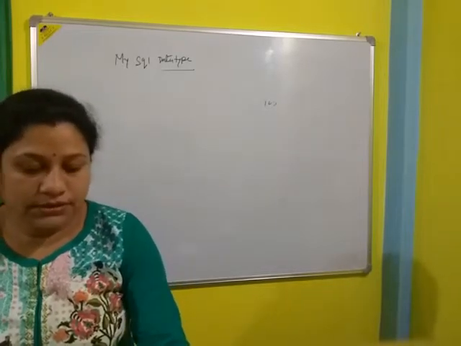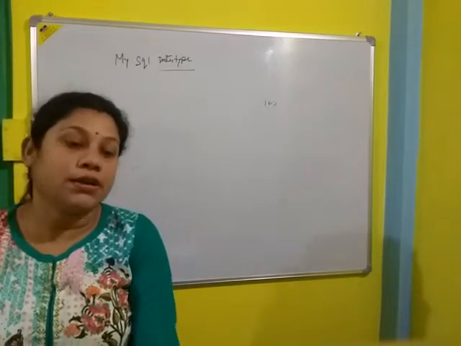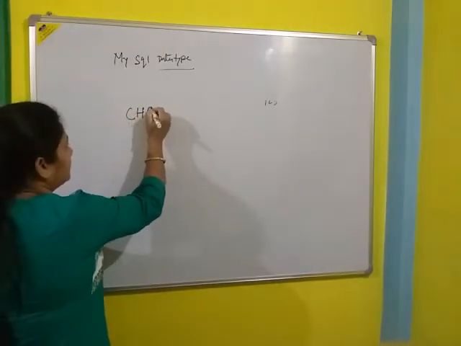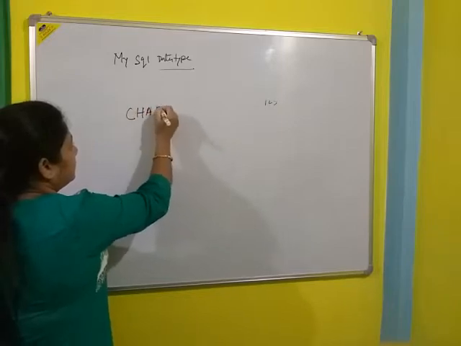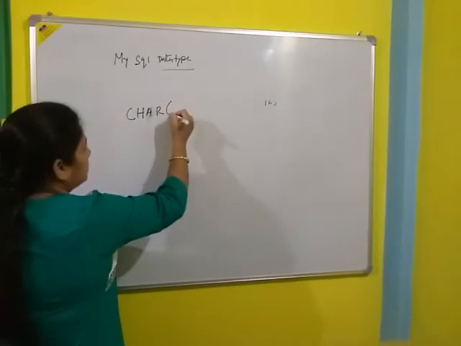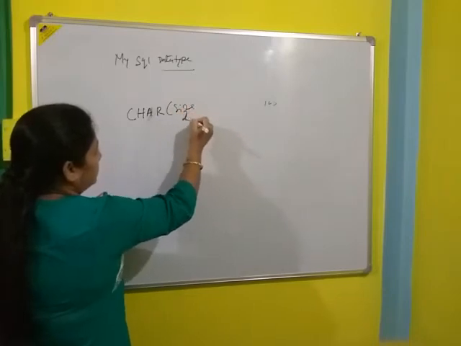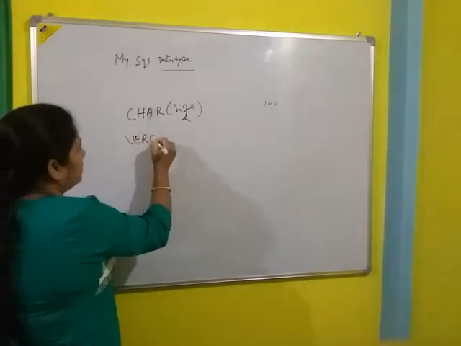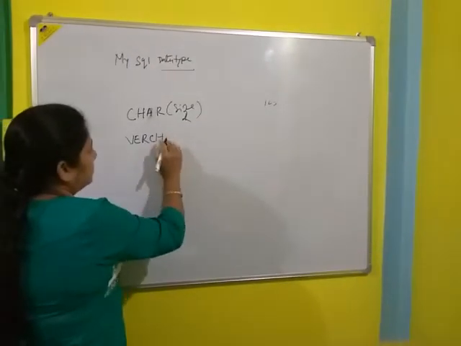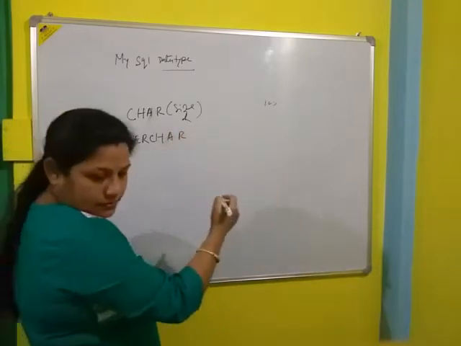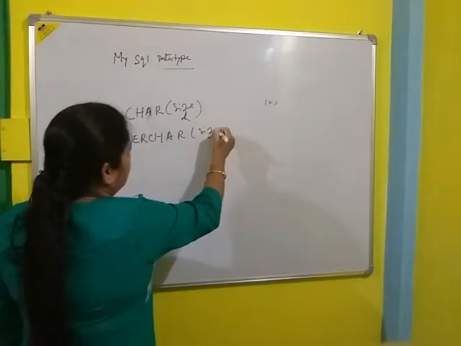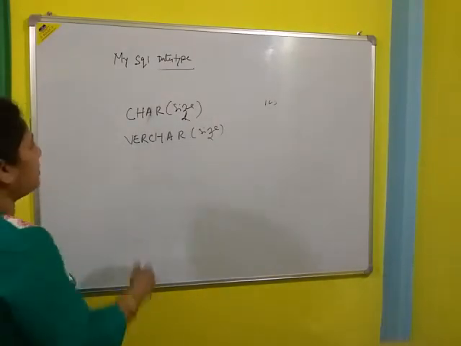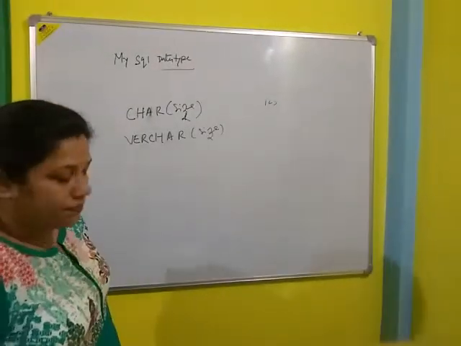After that we have some others that are used for text, that is character (size) and varchar (size).